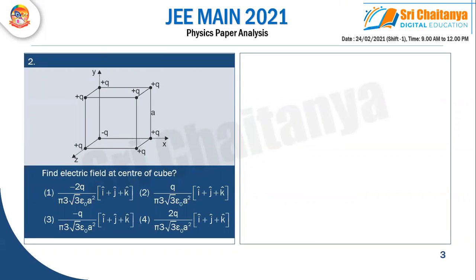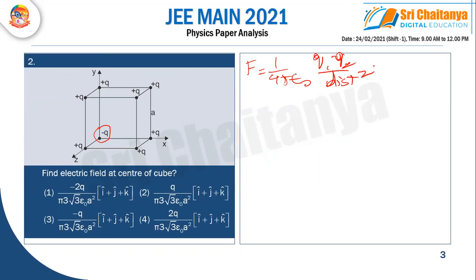Now, moving on, this question is based on Coulomb's law, and you find that this particular charge is negative. Other than that, all other charges are positive, and this will be governed by Coulomb's law, F is equal to 1 by 4 pi epsilon naught Q1 Q2 by distance square.